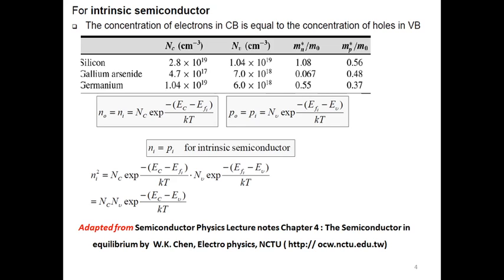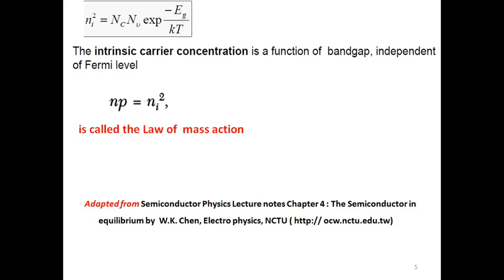Now we are getting the product in terms of Nc and Nv, and as in the previous slide, we have EF equal to EG divided by 2, and that EG we can write in terms of EC and EV. This slide is adapted from a website.